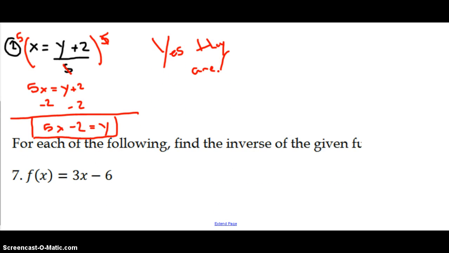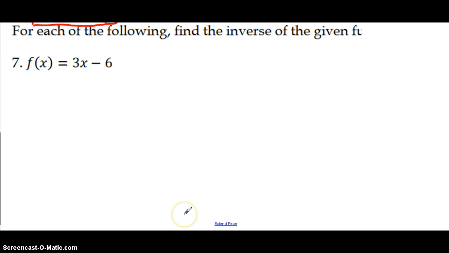All right, moving down, we're going to just find the inverse. We're not saying if they are inverses, we're just going to find what the inverse is. So for this guy, it's the same exact steps. Our first step is y equals 3x minus 6. We just turn f of x into y. Step 2, switch the x and y. So it's going to be x equals 3y minus 6. From here, I'm just going to solve for y, so we're going to add 6 to both sides.